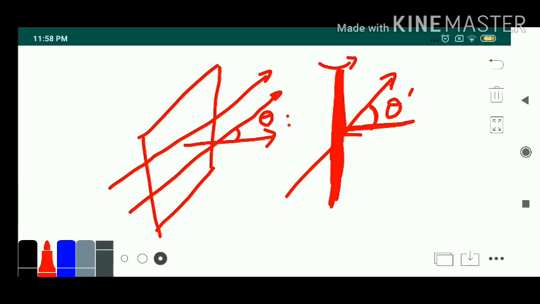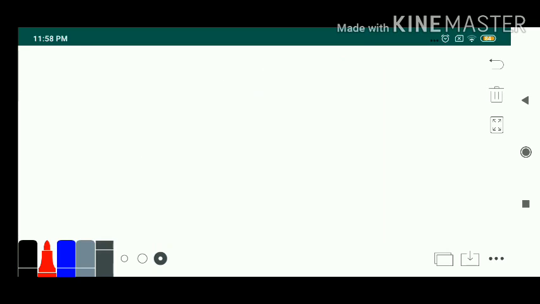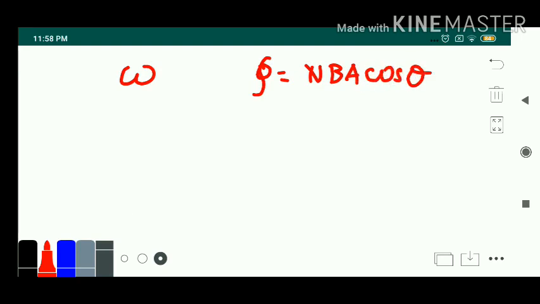Clear? Right? So let's say this coil is rotating with an angular velocity omega, right? Earlier we have written phi is equal to NBA cos theta. Keep it as it is. Now this omega is the angular velocity of rotation of this coil. This is a uniform velocity case.